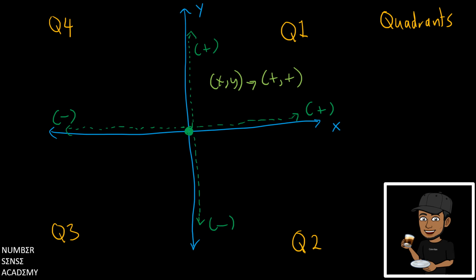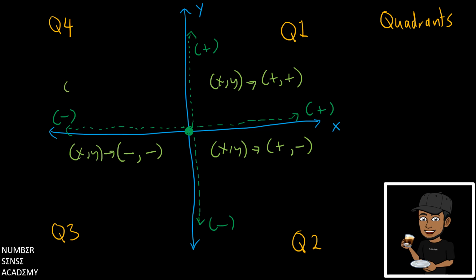In quadrant 2, my x and y coordinates, the x values are positive, but the y values are negative. In quadrant 3, the x values are negative, and the y values are also negative.